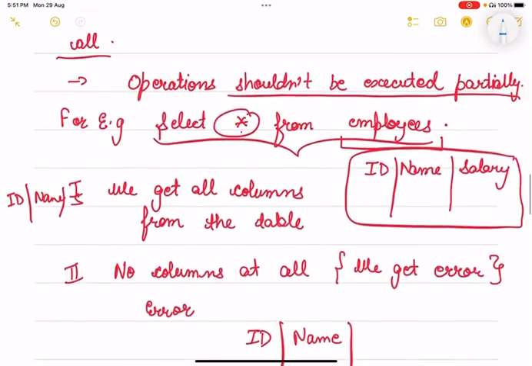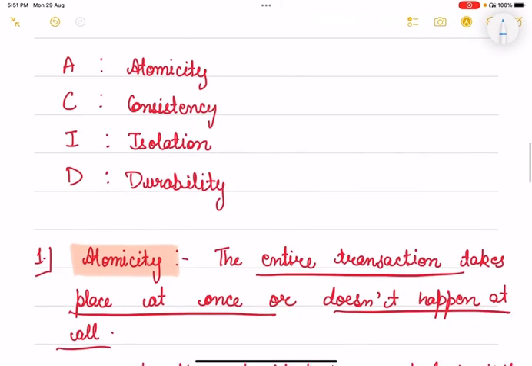So ACID properties stand for atomicity, which says that either the transaction is completed successfully or it is not completed at all. No partial execution. And what is consistency? Changes before and after the transaction should be consistent.